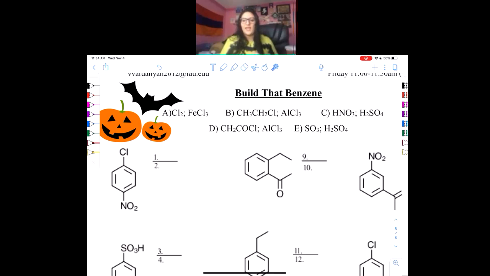So people were saying A, so chlorine would be added, and let's see if that's correct. So we're essentially going to go through and do the same thing that we did before. So we know that chlorine is a weak deactivator, so it's ortho-para-directing. And we know that NO2 is a strong deactivator, and it's meta-directing, right? That's just from our table that we had before. That's something that we know.